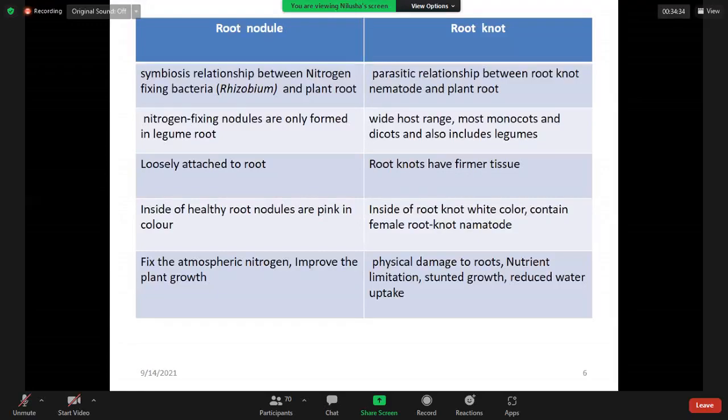Inside healthy root nodules, the color is pink. Inside the root knot, it is whitish color.